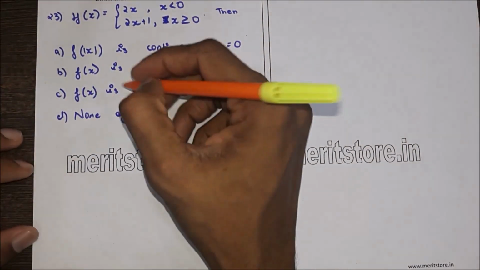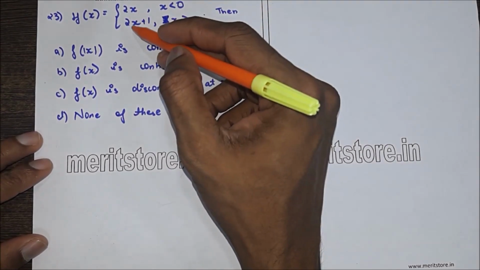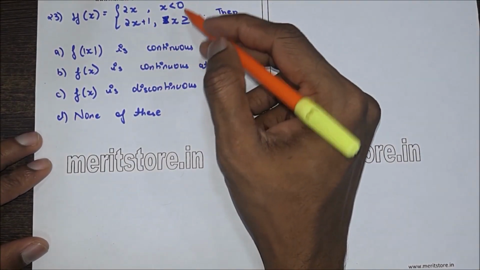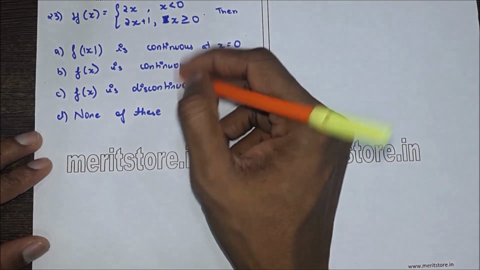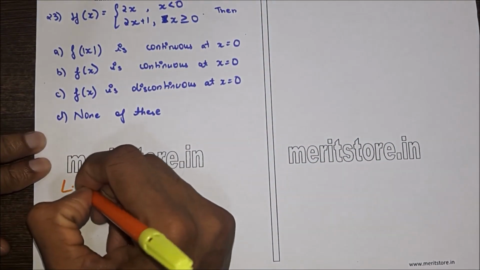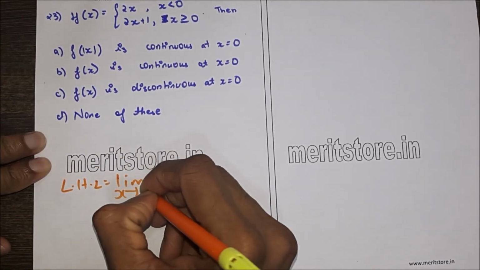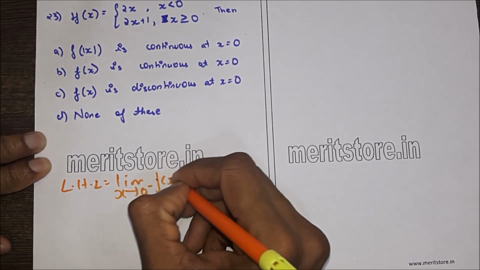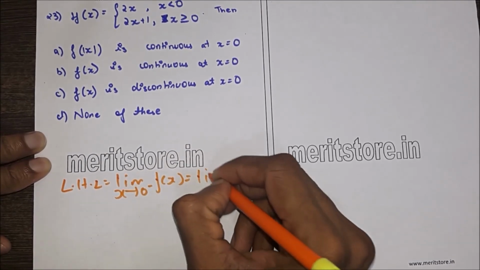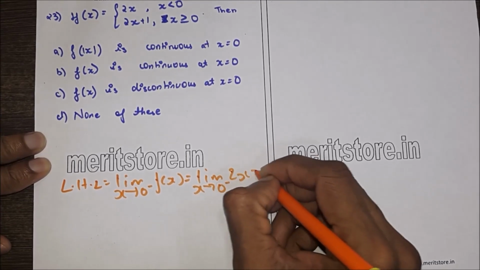Question 23. If f of x equals 2x for x less than 0, and 2x plus 1 for x greater than or equal to 0, then we're given 4 options. Taking LHL, that is left hand limit, equal to the limit as x approaches 0 from the left hand side of f of x, we get the limit as x approaches 0 from the left of 2x, which is equal to 0.